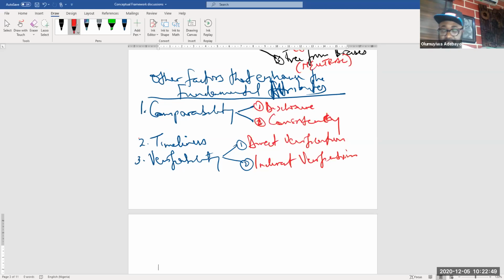For example, a company that is into transportation bought a transportation vehicle and it says the useful life is 8 years.